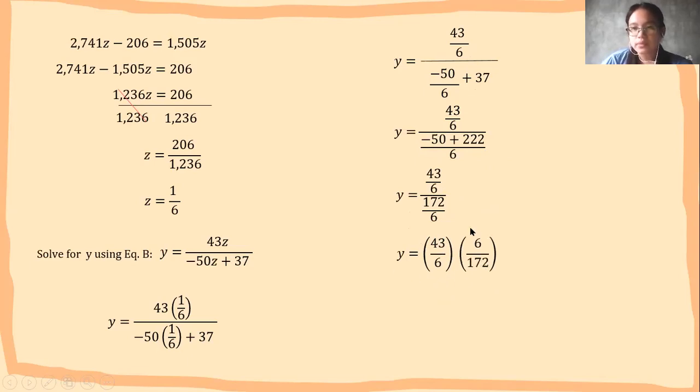Then multiply numerator to numerator and denominator to denominator. We have 43 times 6 is equal to 258. Then 6 times 172, we have 1032. So if we reduce them into the lowest term, they will become 1/4. You just have to divide the numerator and denominator by 258.